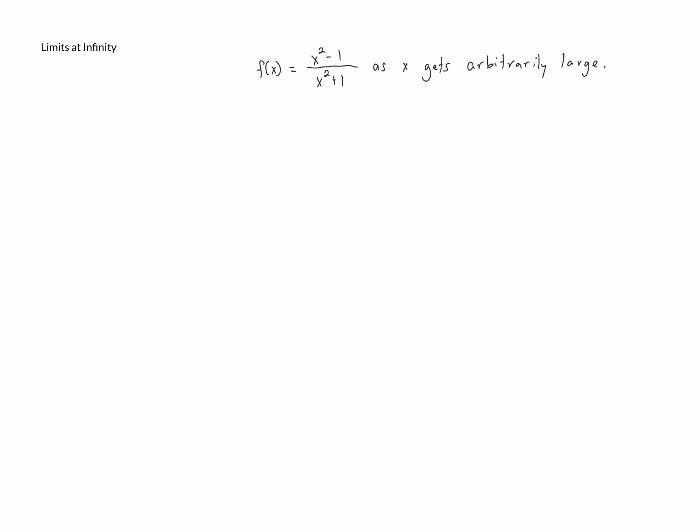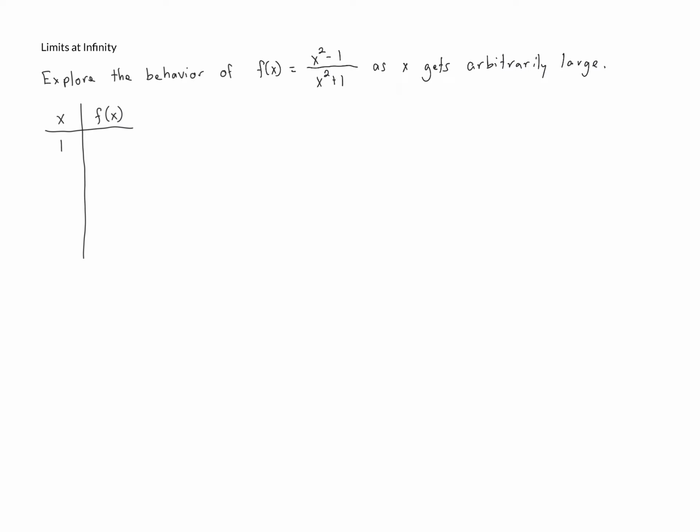Explore the behavior of f of x equals x squared minus 1 over x squared plus 1 as x gets arbitrarily large. So we're going to make a table of values to see what happens as x gets larger to our function f of x. We can start with small values.